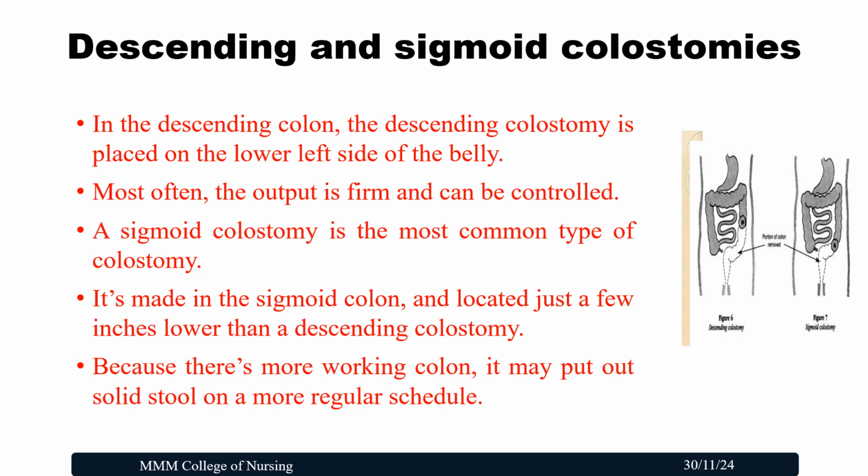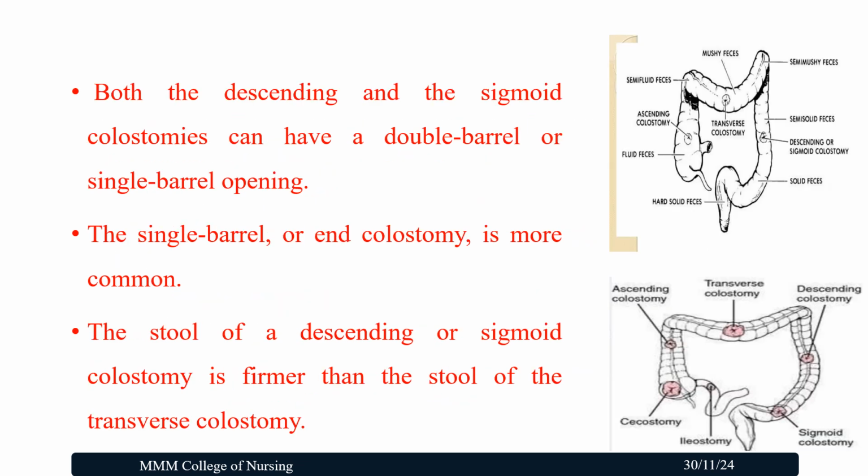Because there is more working colon, it may put out solid stool on a more regular schedule. Both the descending and the sigmoid colostomies can have a double barrel or single barrel opening. The single barrel or end colostomy is more common. The stool of a descending or sigmoid colostomy is firmer than the stool of the transverse colostomy.